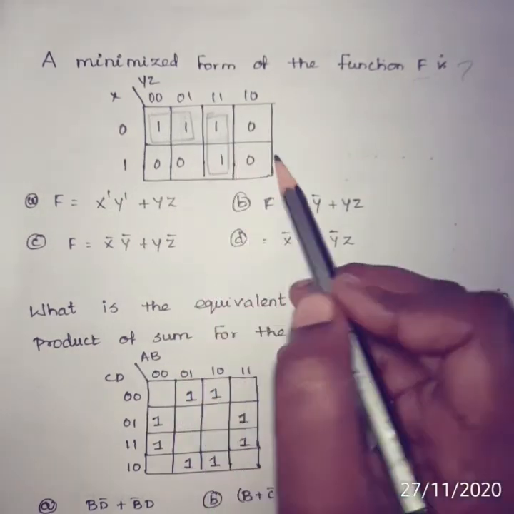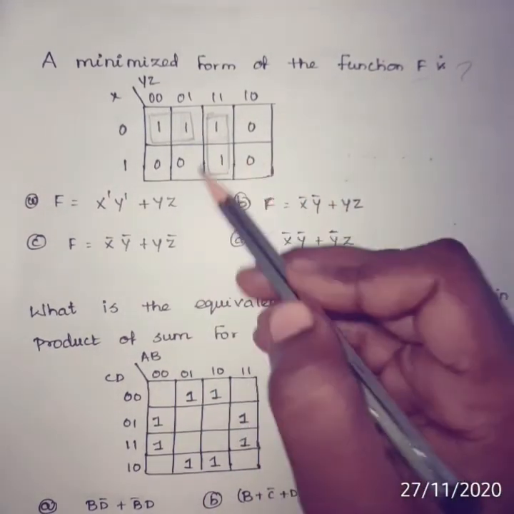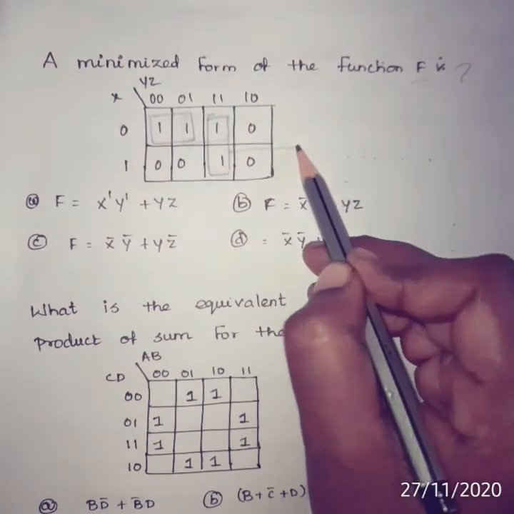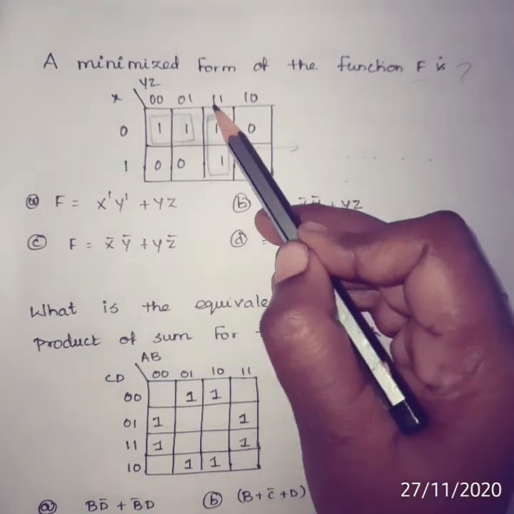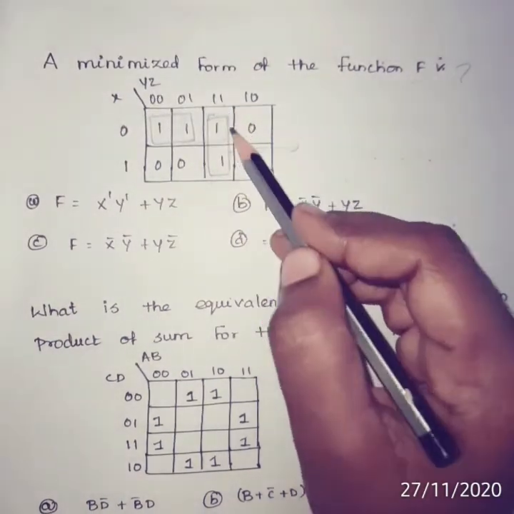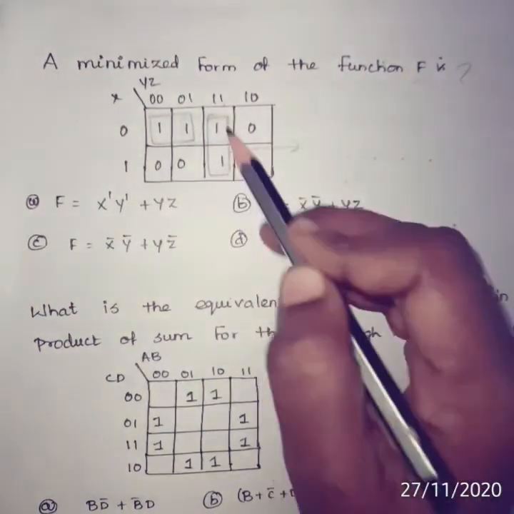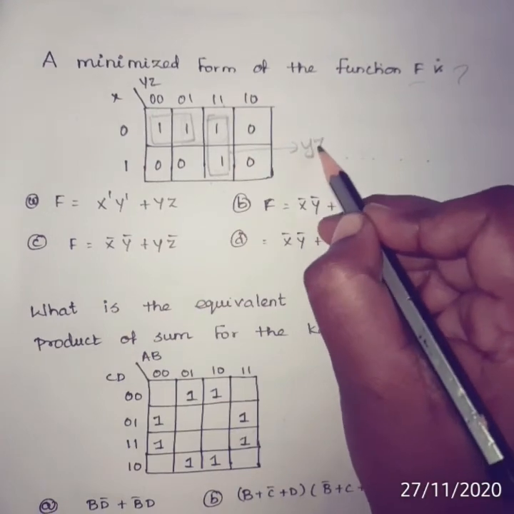Next you have to write the product term for each group. For this group, the unchanged literals are Y and Z throughout this column, with Y value 1 and Z value 1, so the corresponding term is YZ.